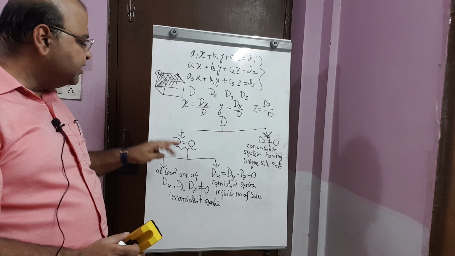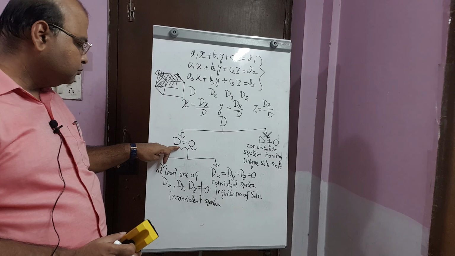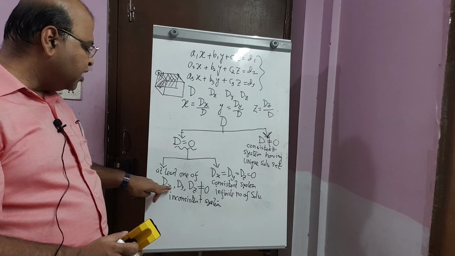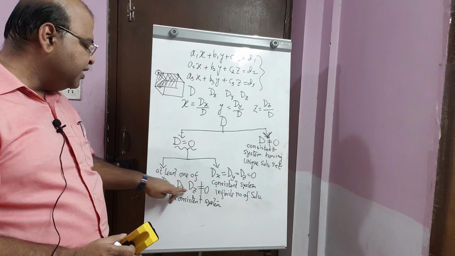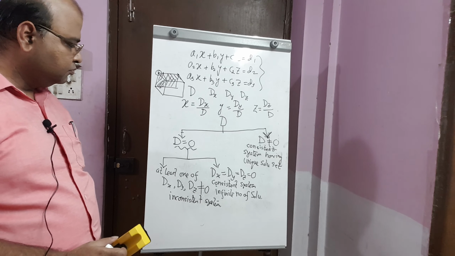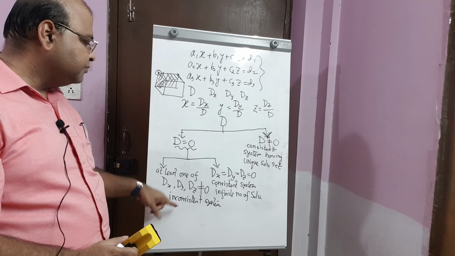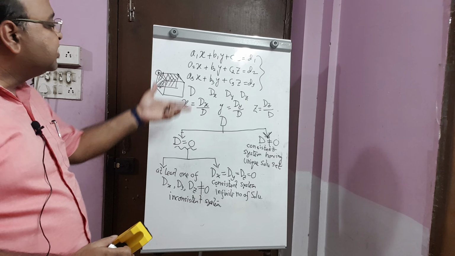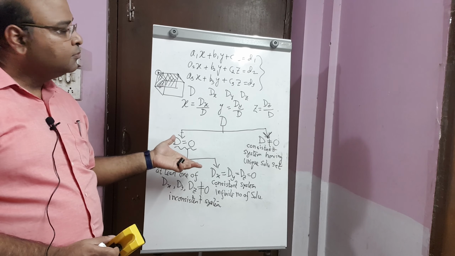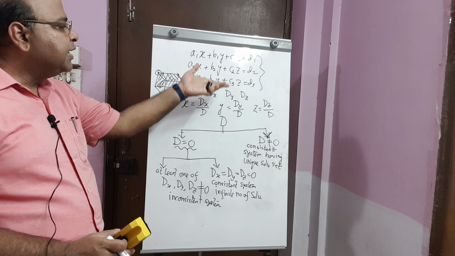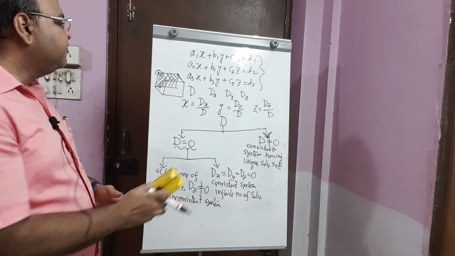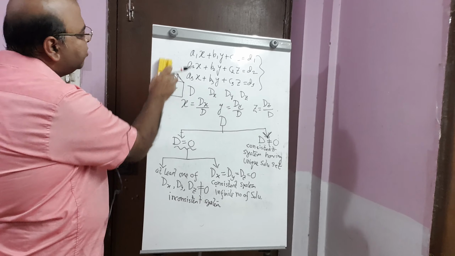Now, what happens if d is 0 and at least one of dx, dy, dz becomes non-zero? Under such a case, we shall have 3 parallel planes. These 3 planes will be parallel to each other, and between 3 parallel planes there is no common point.